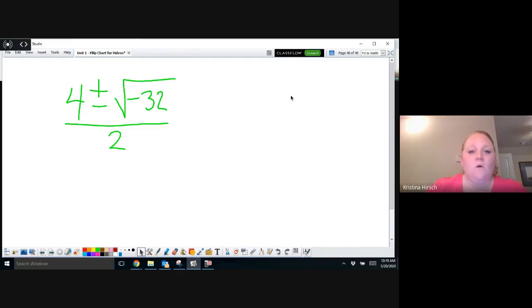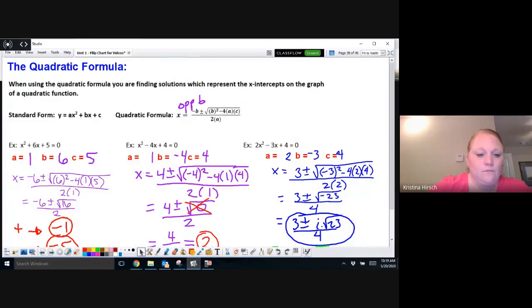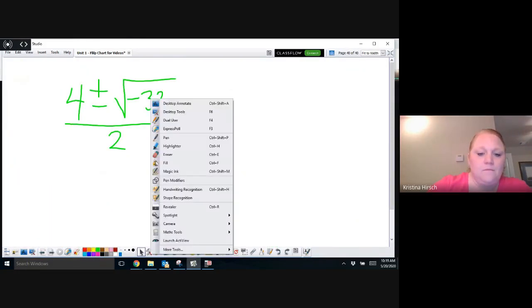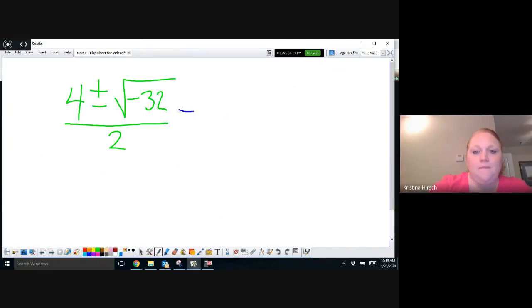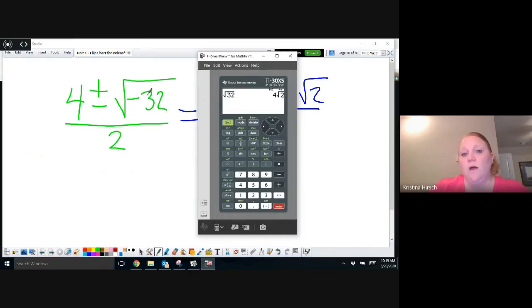All right. So this would equal then, let me go back, sorry. Okay, this would equal 4 plus or minus 4i square roots of 2 over 2. All right, so the square root of 32 was 4 square roots of 2, but because it's negative, we have to put the i in there.